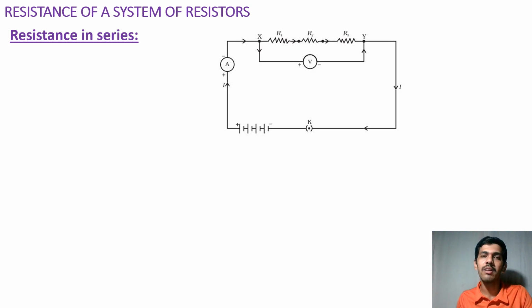First we connect the circuit like this, switch on the key and find out V and I. We already know V equals IR. Here V is the net potential difference which is given, I is the net current flowing through the circuit, and R is the effective resistance in the series combination, which is called RS.